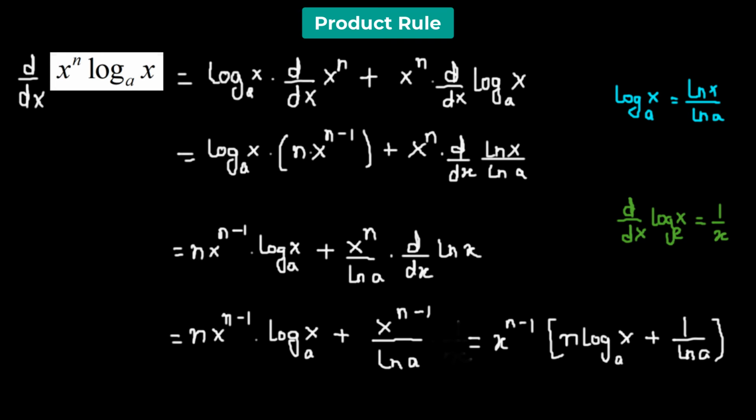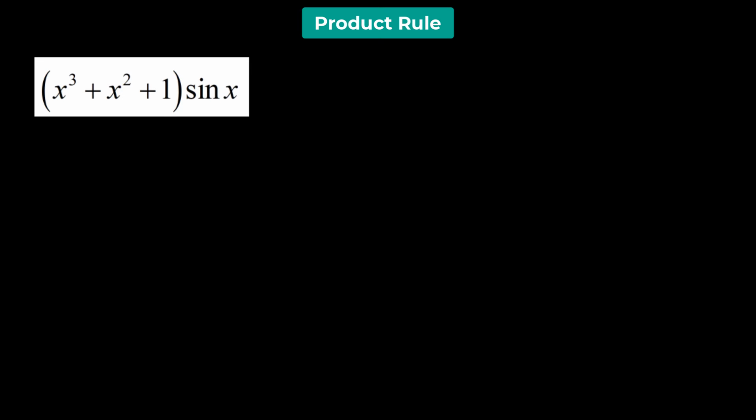Let's do another one. So here we have the function x cubed plus x squared plus 1 multiplied to sine of x. So we have to find the derivative with respect to x. So we begin by treating the algebraic polynomial, or the cubic polynomial, as the first function.